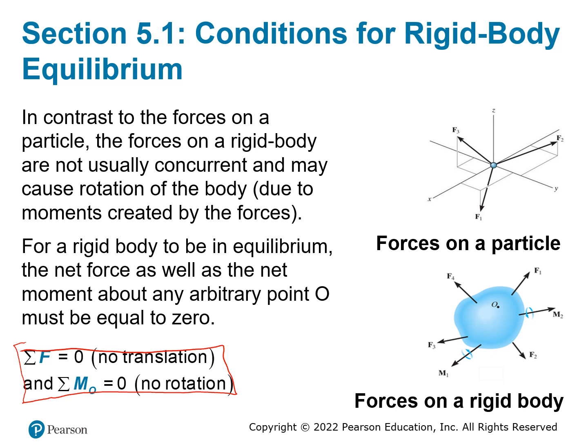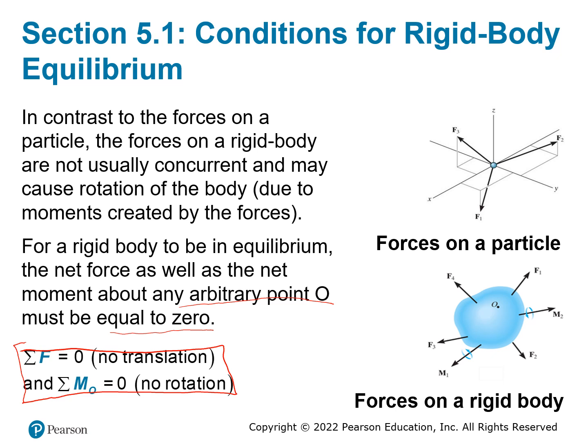The net force is a vector, so it could be X, Y, and Z direction. For the moment you have to select a reference point. This reference point can be any arbitrary point, and the moment must be equal to 0. Okay, so that is the condition.